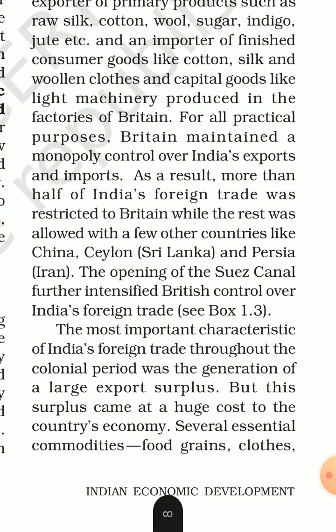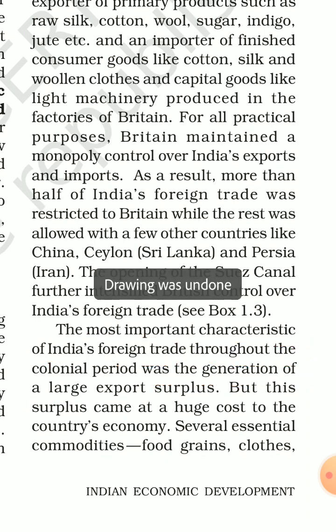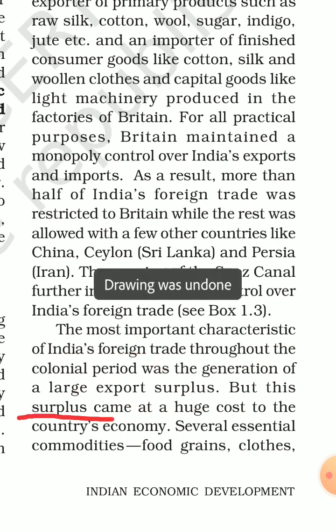The most important characteristic of India's foreign trade throughout the colonial period was the generation of a large export surplus. So one thing we have to understand is that there was an export surplus, meaning there were a large number of exports and fewer imports. But this surplus came at a huge cost to the country's economy.